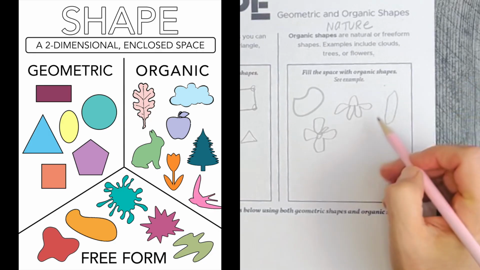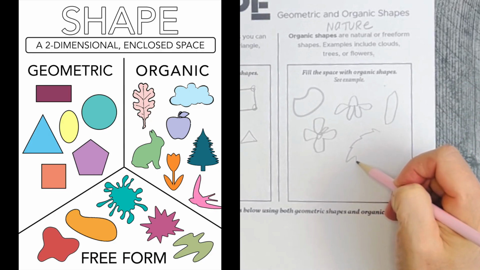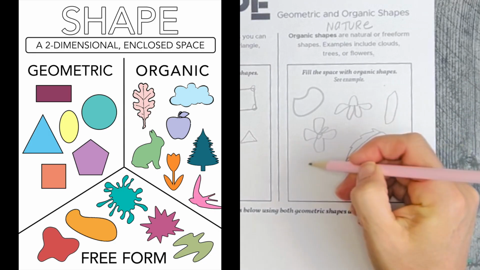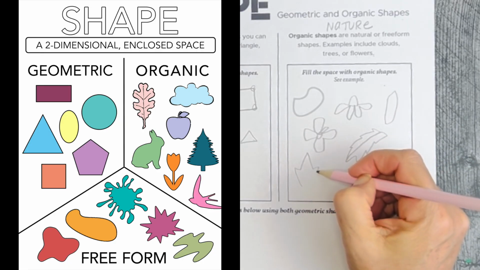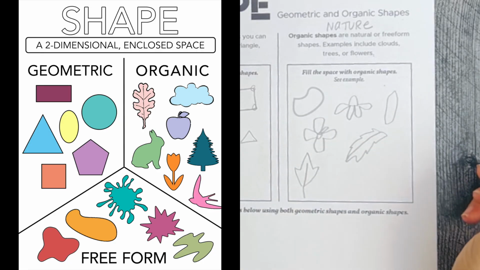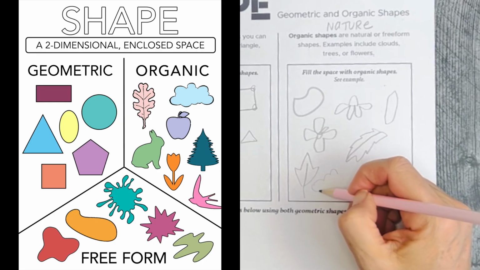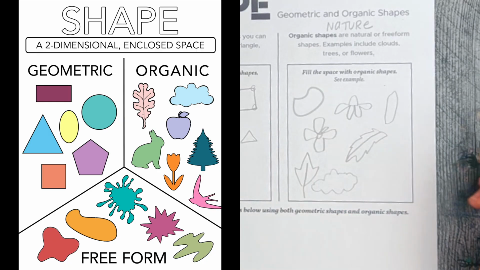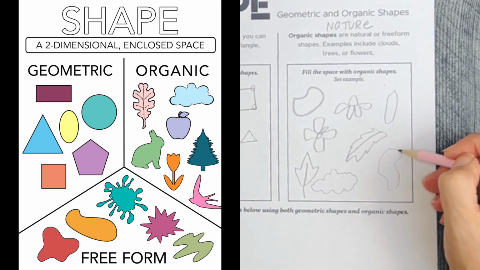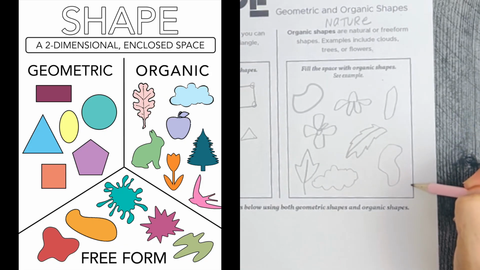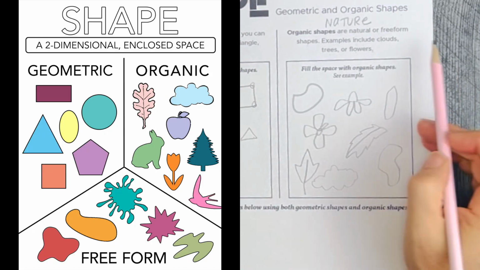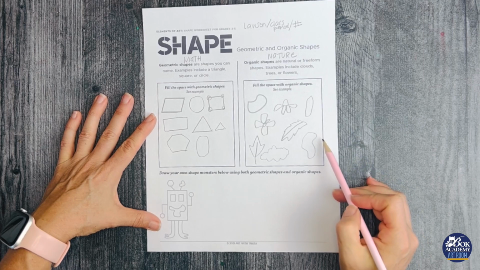Obviously, leaves. Clouds are always different. So it could be just a shape that you make, a blob. So again, organic shapes, these include things that I say are in nature.